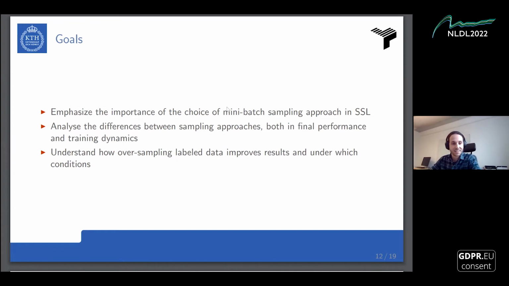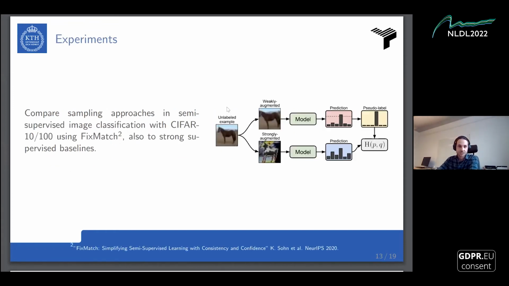It's kind of a spoiler here, and under which conditions that actually happens. In order to do so, we ran some experiments in semi-supervised image classification with the CIFAR-10 and CIFAR-100 data sets. And we used FixMatch as our semi-supervised learning method. And we also compared to strong supervised baselines.